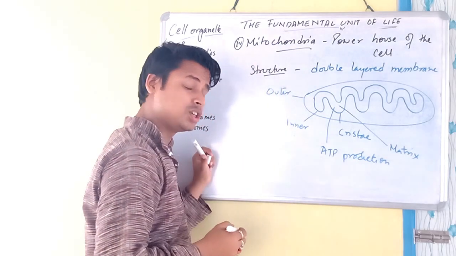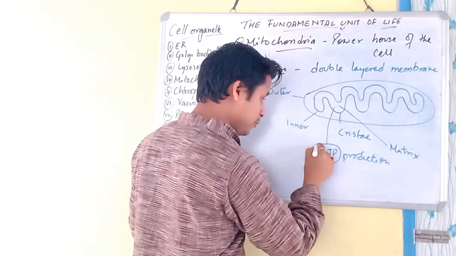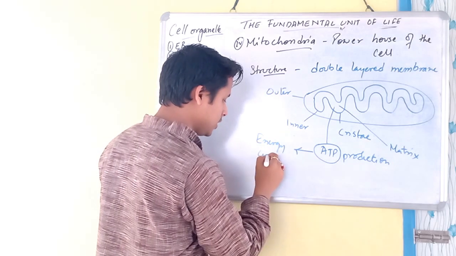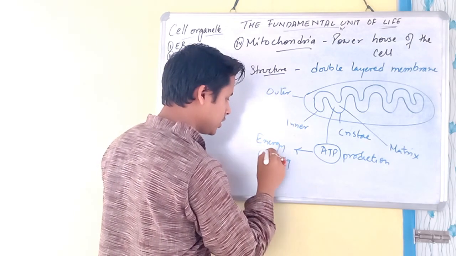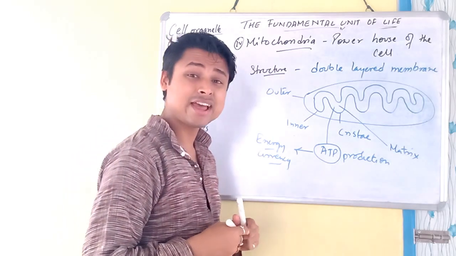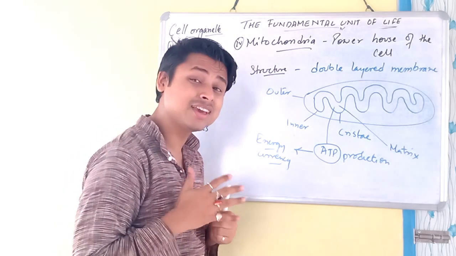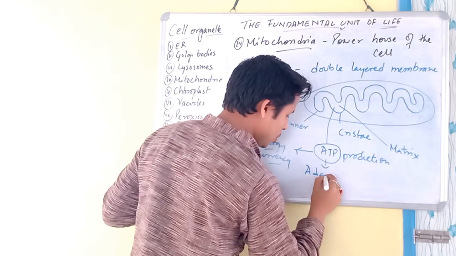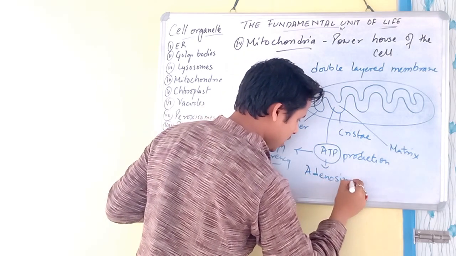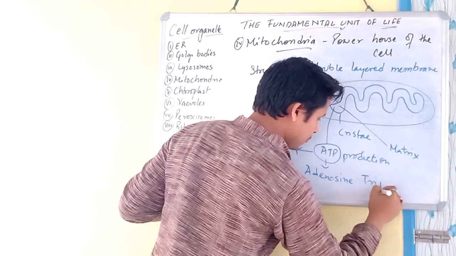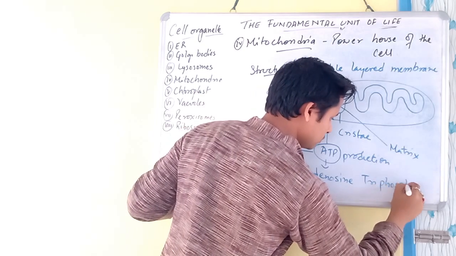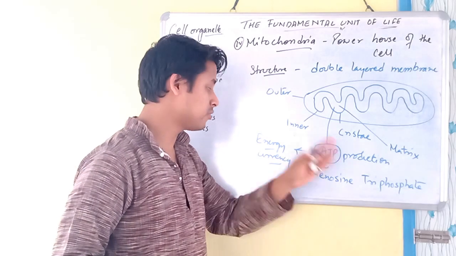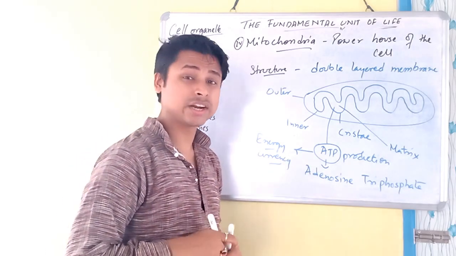Now I said energy. This ATP is known as the energy currency. Now what is ATP? Yes, you should know this: adenosine triphosphate. So it is the energy currency.